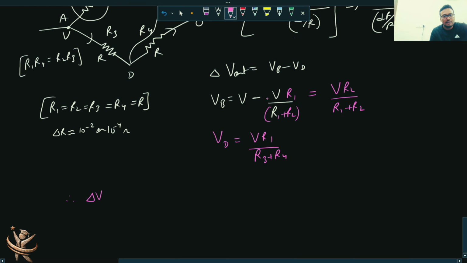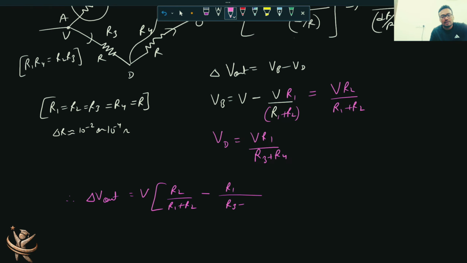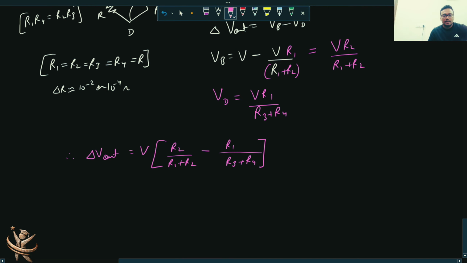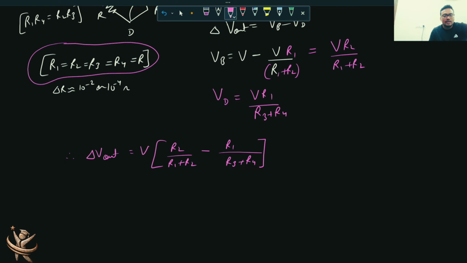Therefore delta V out will be V times R2 by R1 plus R2 minus R1 by R3 plus R4. Correct? Now after that, you do one thing. I'm taking this particular condition: I'm choosing all of them as R. This was the general relation.